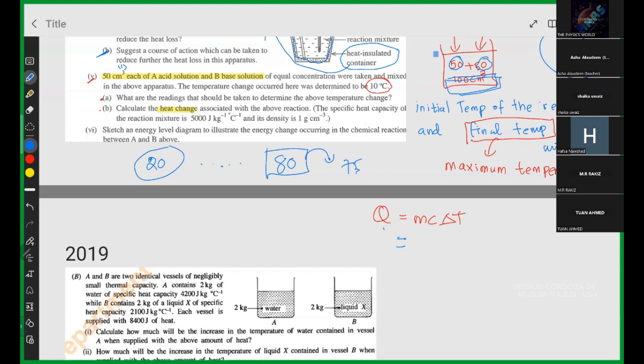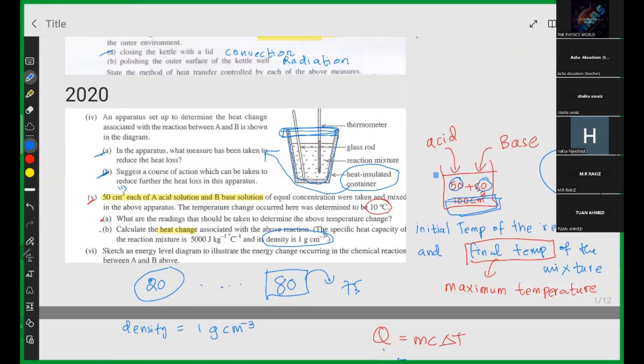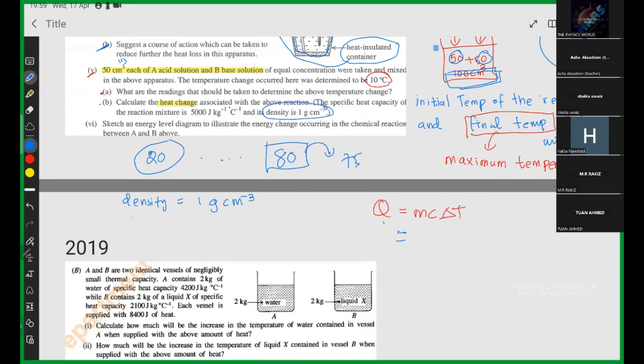What is the mass here? Have they given you the mass? No, they didn't give you the mass, but they have given something as density. And we also know the volume. Density here is 1 gram per centimeter cube, and the volume is 100 centimeter cube.